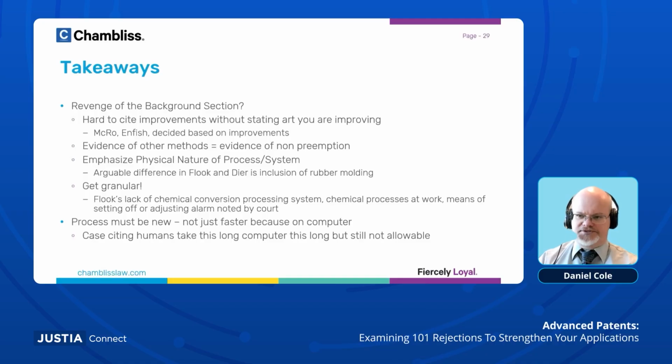Don't just treat your background section like it's unimportant. It is now important. McRO was decided based on improvements that were cited in the patent. And they had said in their background section, here is how things are now. And they said, here is what we're doing differently. Here are the improvements in time based on computers doing things. That made it 101 eligible.